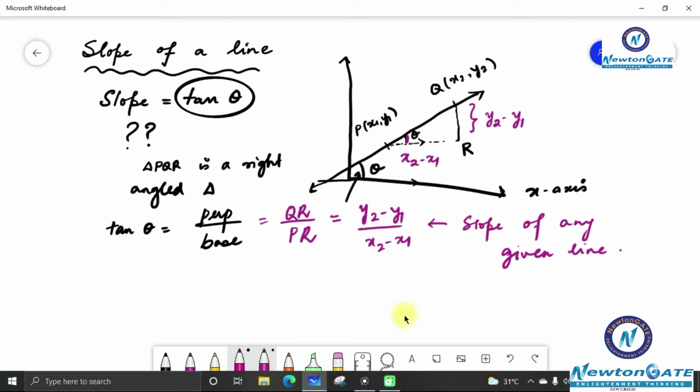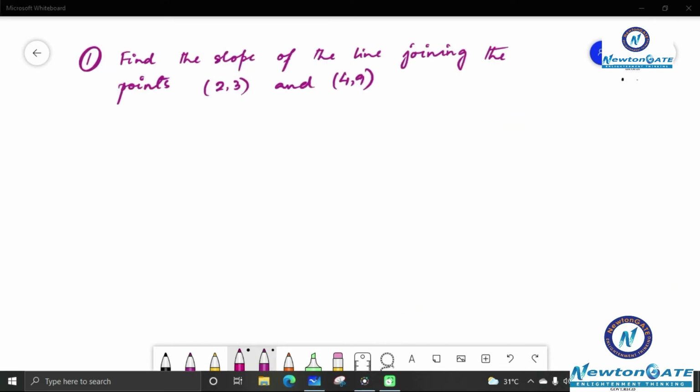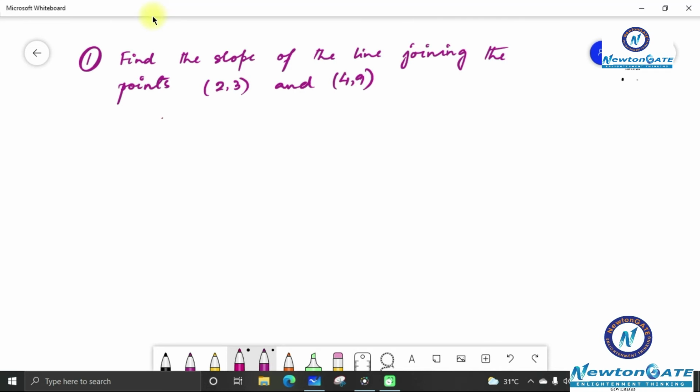Now, let's do a quick sum with this formula in hand. So, this is the sum we have in our hand. Find the slope of the line joining the points 2, 3 and 4, 9. So, let us take x1, y1 to be 2, 3 and x2, y2 to be 4, 9.